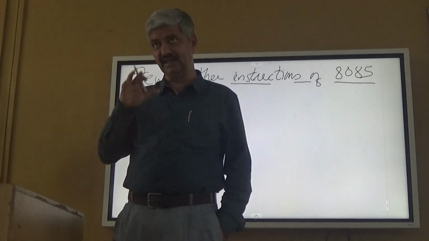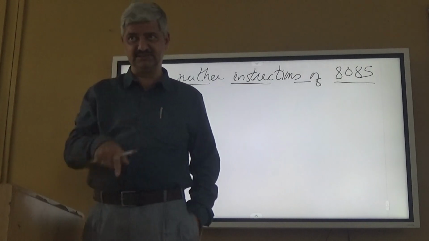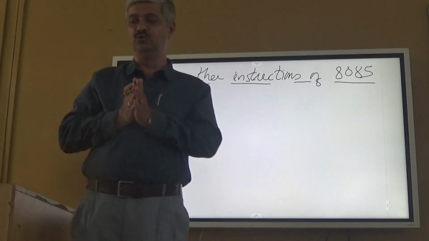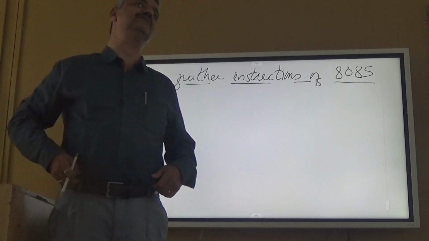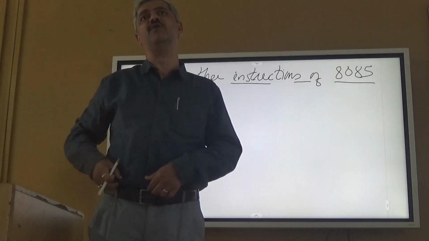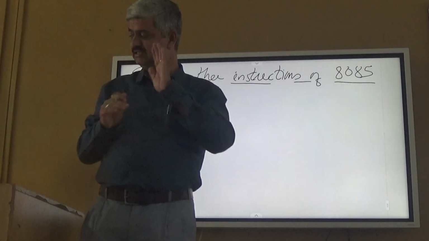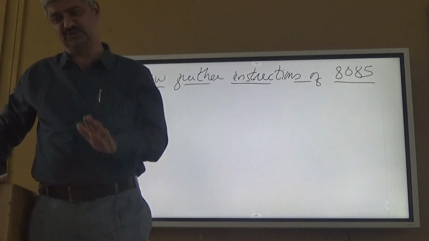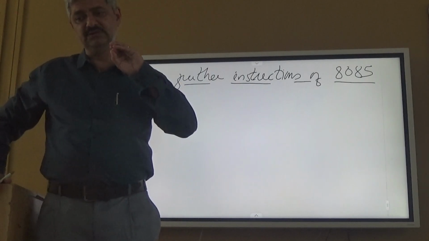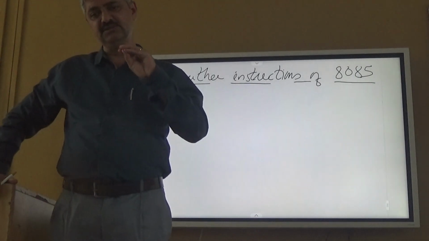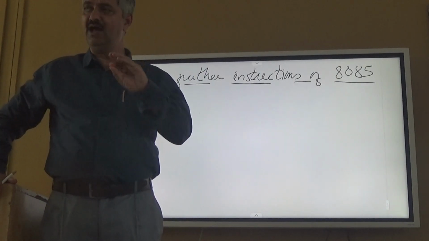8085 is an 8-bit processor, but it allows some 16-bit operations to be carried out as an exception by using some remaining combinations of the opcode. So some 16-bit operations means it allows a few instructions which handle 16 bits of data at a stretch.